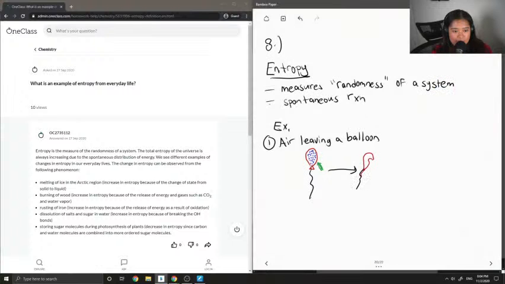After the balloon is broken, punctured with a hole in it, all of these air molecules, this is me drawing air molecules leaving, they leave the balloon. So this is a spontaneous reaction. It's also an example of an increase in entropy.